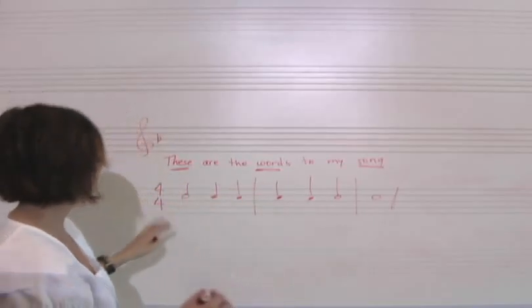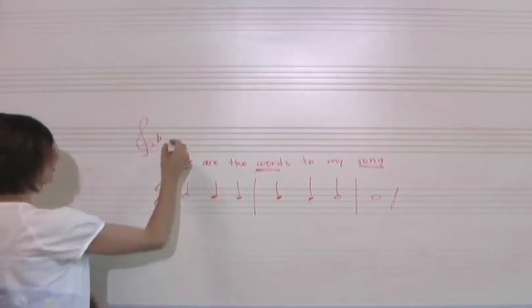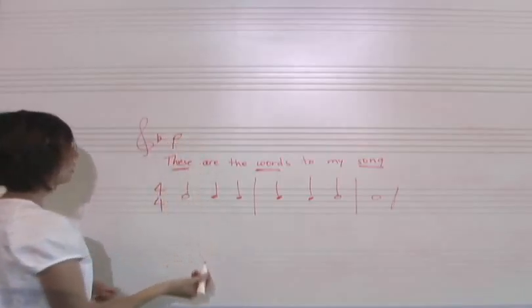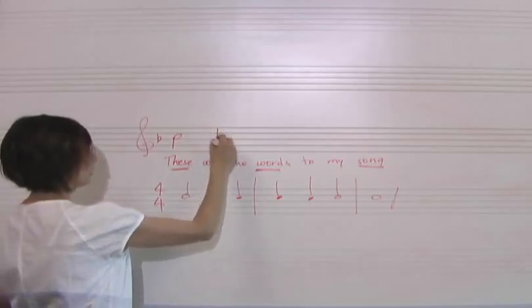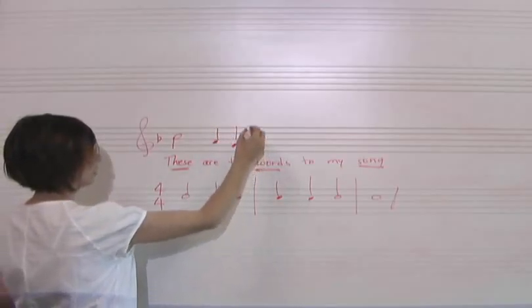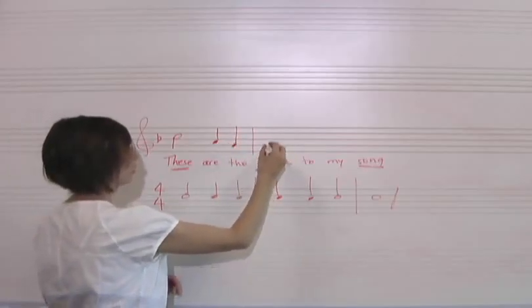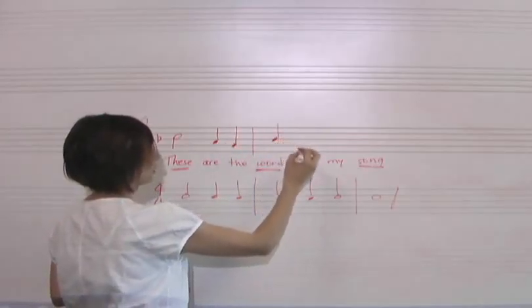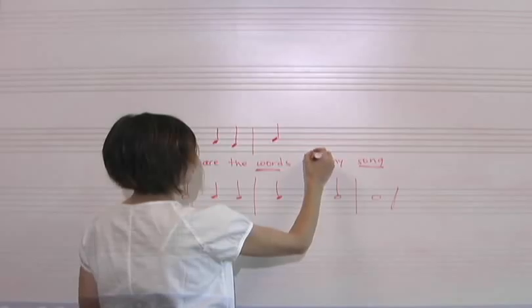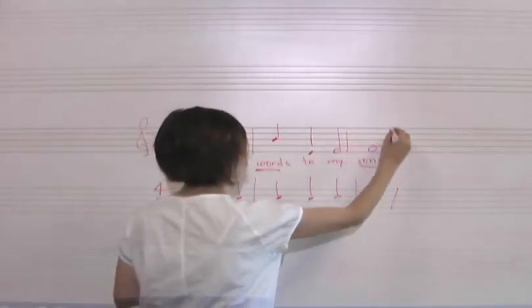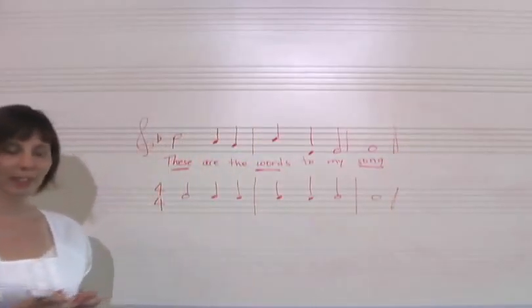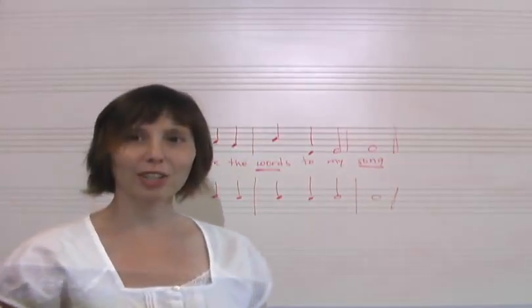So I'm going to start on the dominant. And I'm going to go up a little bit here. So I'm going to go, these are the. Okay. Let's hear how that sounds.